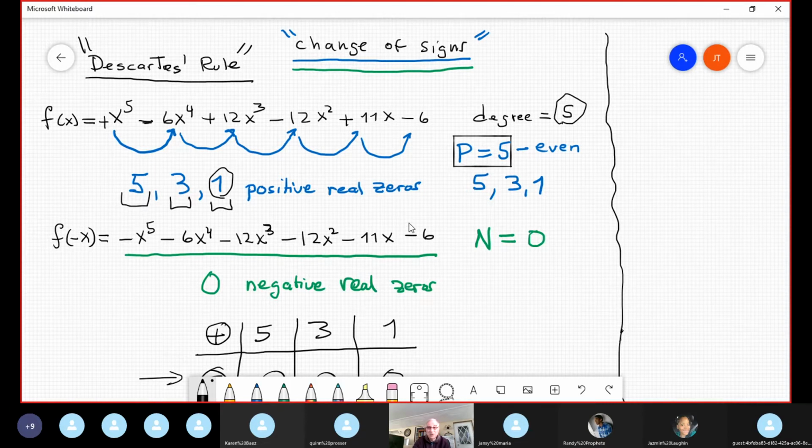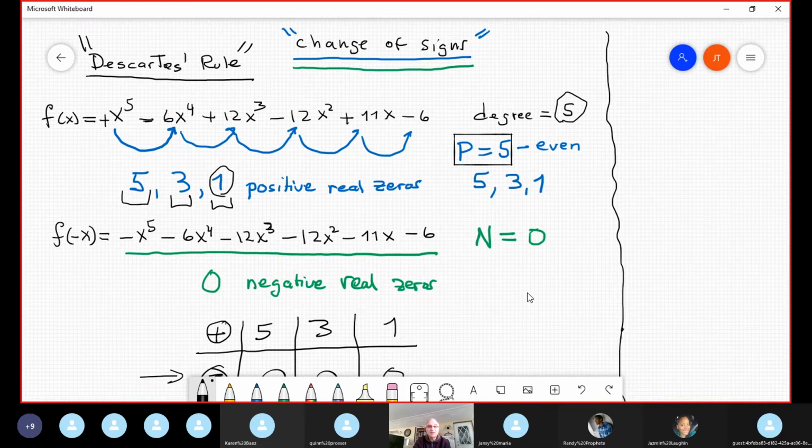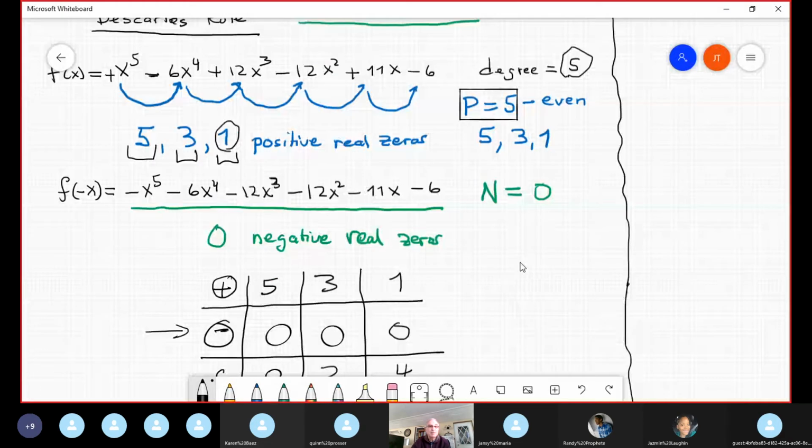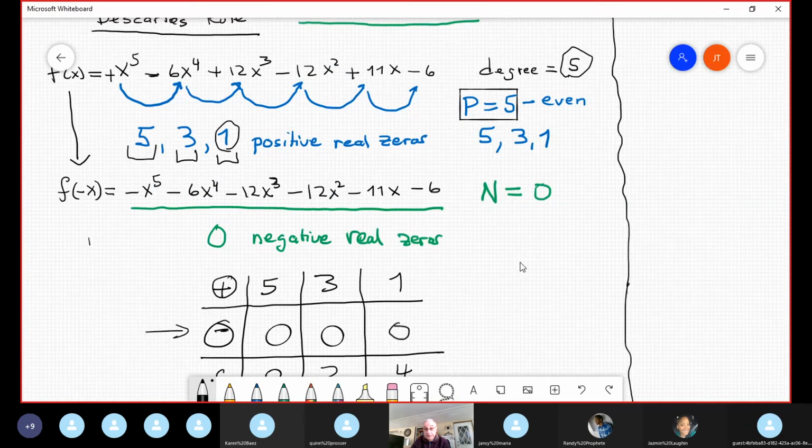Similarly, we are doing the negative. In the negative, you make a reflection of the polynomial. Reflection in this case about the y-axis, no? Suppose that this is the polynomial, you are doing a reflection because I want to investigate the negative part. I do exactly the same, but I call it N, not P. And N is 0.